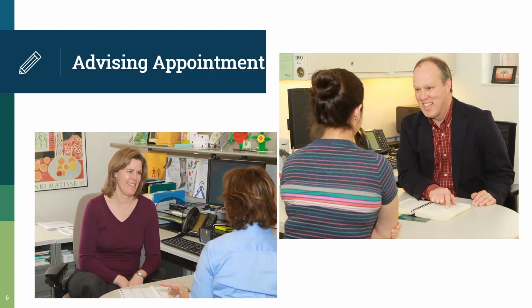They will review and discuss prior transcripts or prior credit or coursework that your student may have completed. They'll talk through any interests that your student may have from either high school or previous college or life experience. And then together with your student, they will create your student's first semester plan.